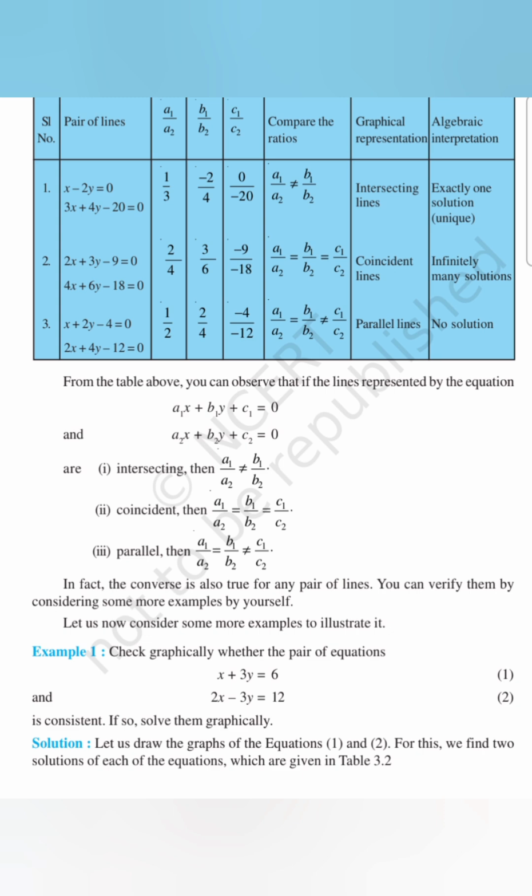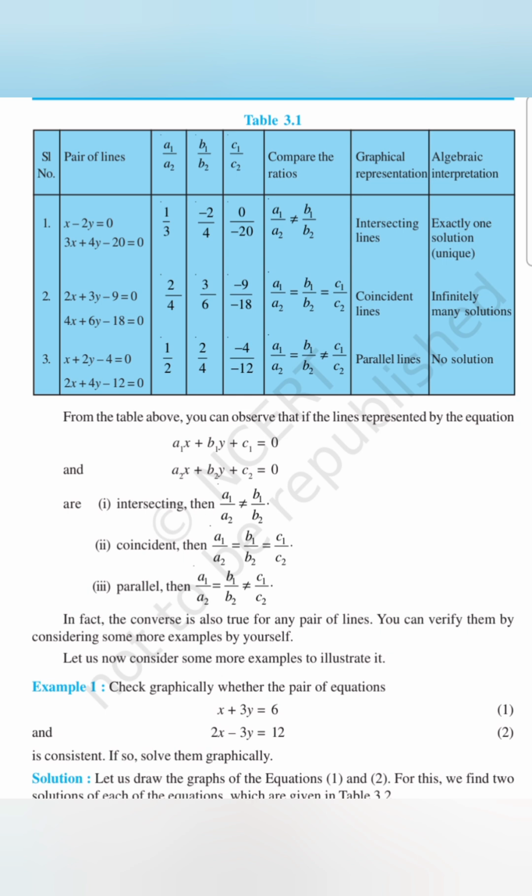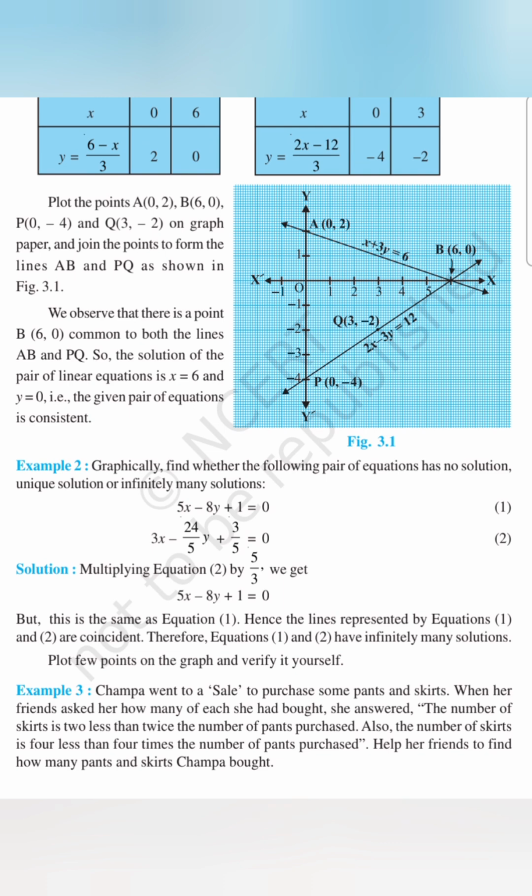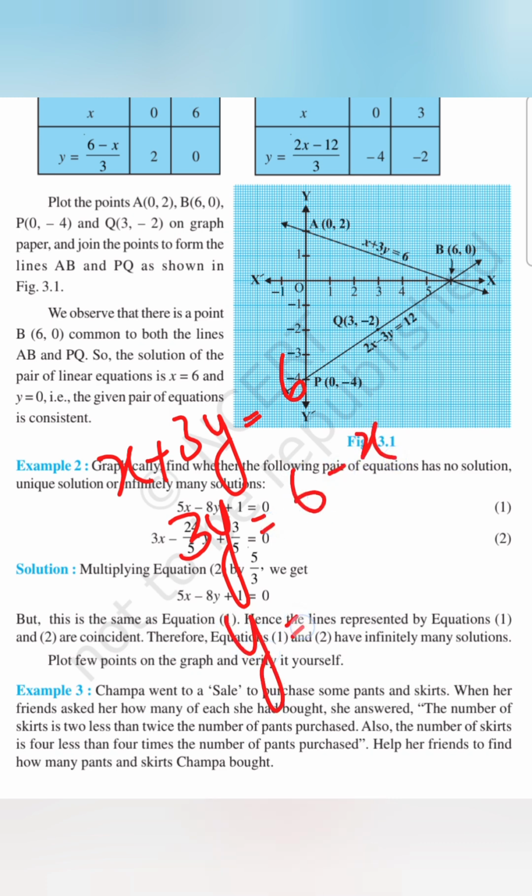So, first you have to draw the graphs for them. How to draw graphs for equations? You have to form a table before that. So, if you take first equation, x plus 3y is equal to 6, from that, you find 3y is equal to 6 minus x. And from that, y is equal to 6 minus x, the whole divided by 3. That's what is given here in this table.